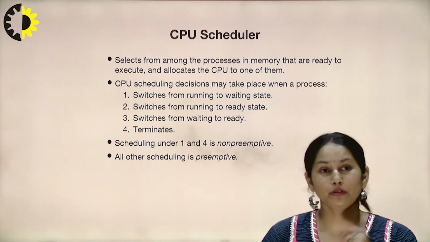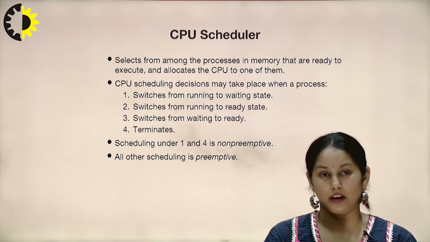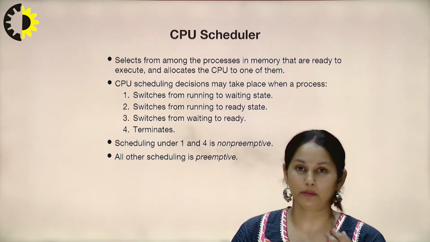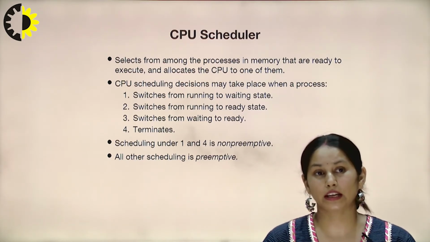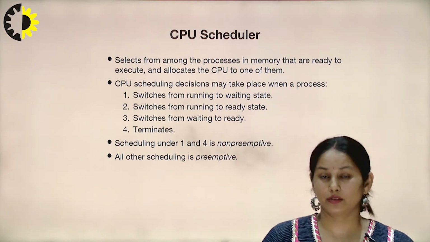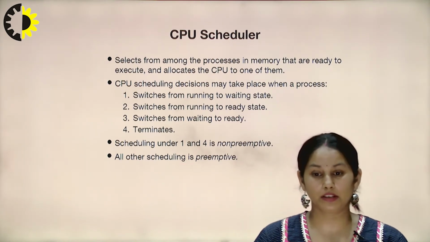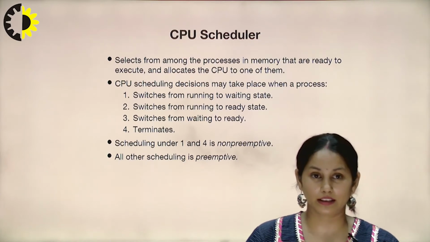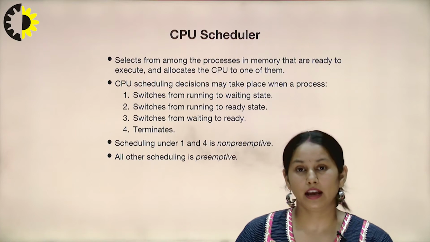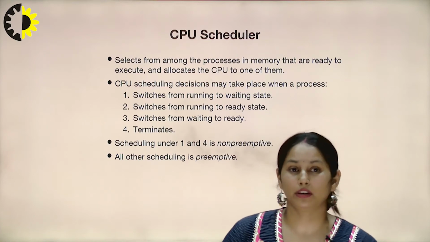CPU scheduling decisions that are going to take place depend upon some points. What are those points? You are switching from the running state to the waiting state. It means the process is running in the CPU, and again it is switching from running to the waiting state.